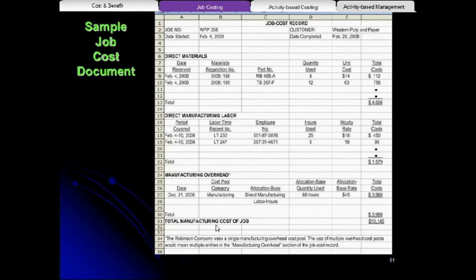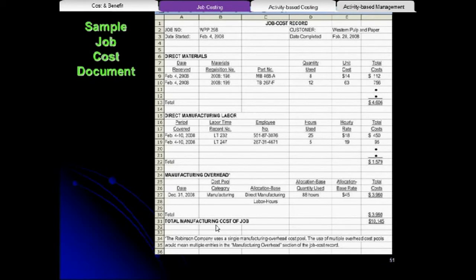What is it? Direct manufacturing labor hours. That is the case in this case. Like I said, we could be using machine hours, we could be using factory space, or we could be using materials costs. They are common bases that are used to allocate indirect costs to particular jobs.